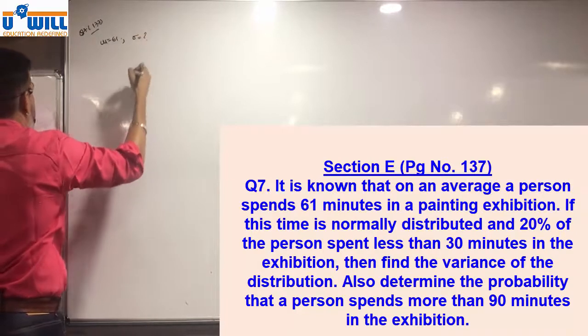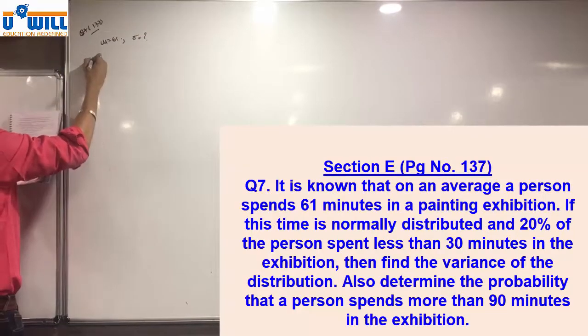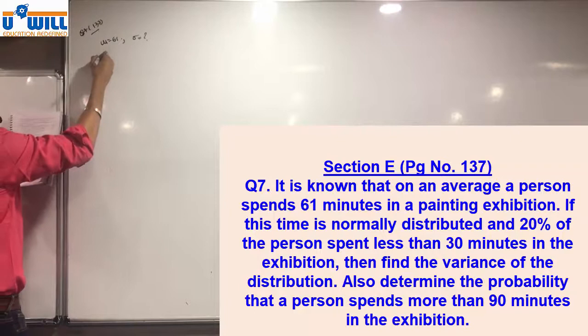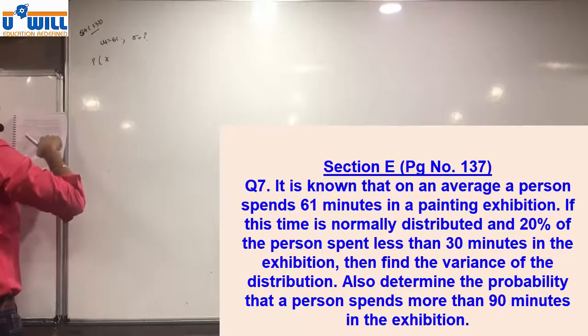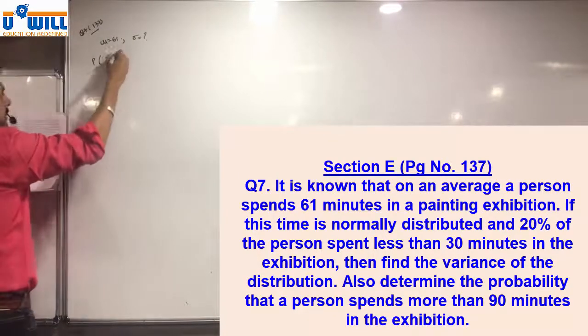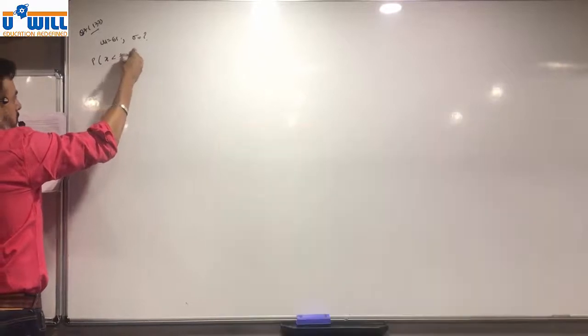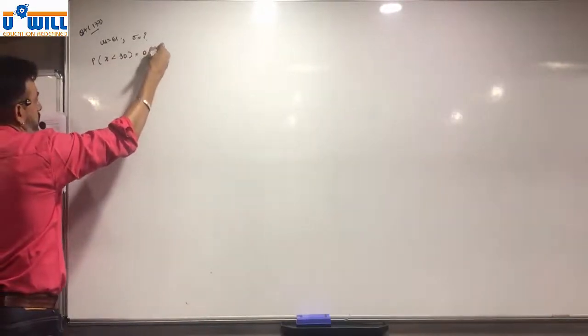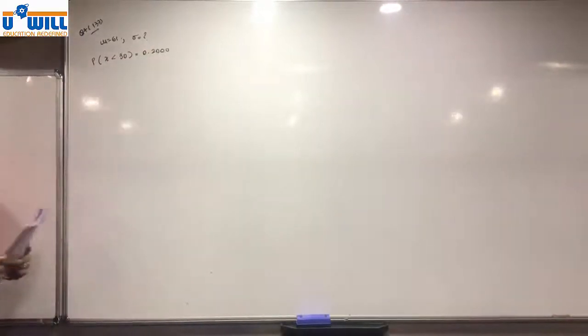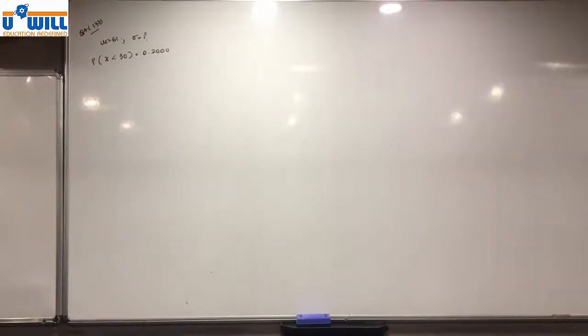Sigma is what we have to find. But what is given? Probability that a person spends less than 30 minutes is equal to 20%, which is 0.2000.